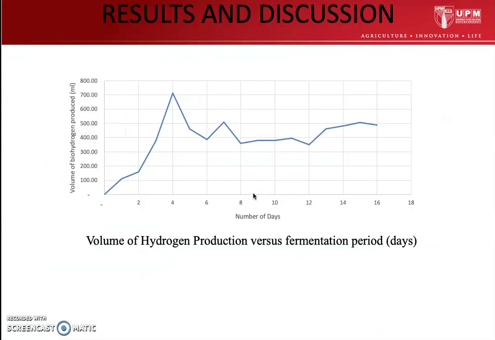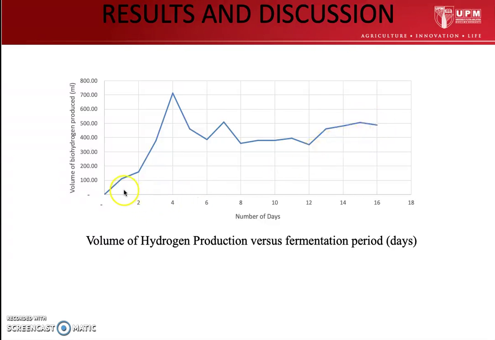So this is the volume of biohydrogen production during acclimatization against the number of days. It was conducted for 16 days, and then the synthetic medium with the microorganisms was removed and put into the food waste at this date.